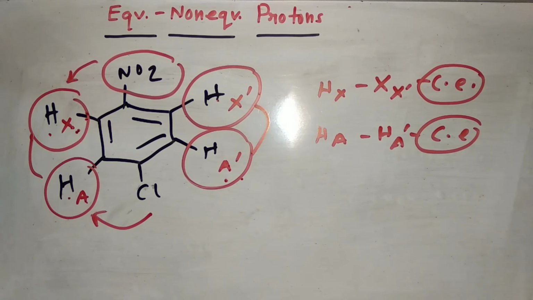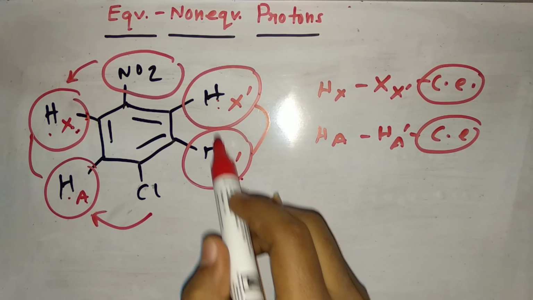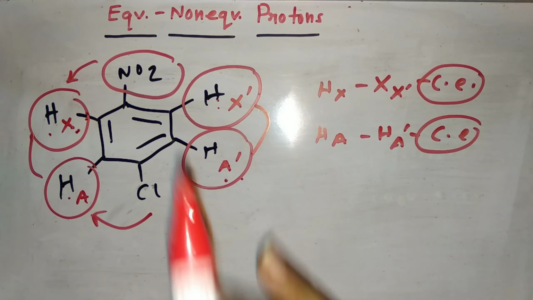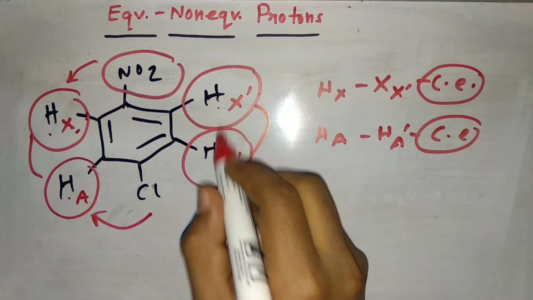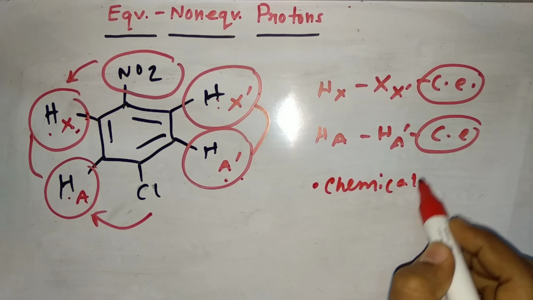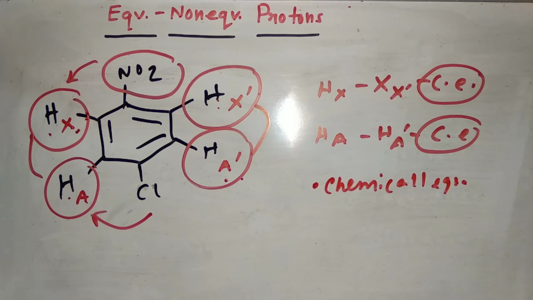So what is magnetically equivalent? Suppose these two should be magnetically equivalent. To be magnetically equivalent, first these two have to be chemically equivalent. So the condition is, to be magnetically equivalent, the system also should be chemically equivalent.